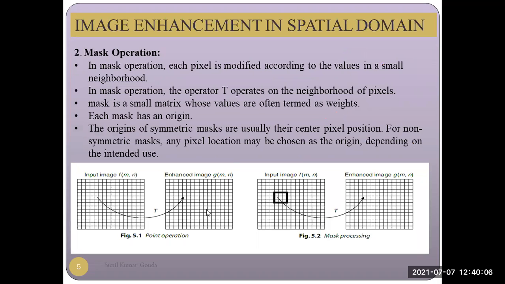Now moving ahead to the second type of operation, which is the mask operation. We are studying image enhancement in the spatial domain, and again in the spatial domain we are specifically talking about the mask operation. In a mask operation, a pixel is modified according to the values in a small neighborhood.